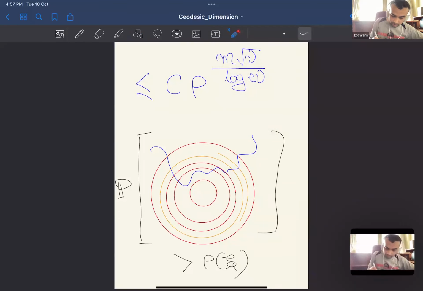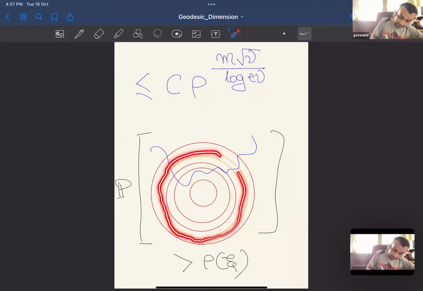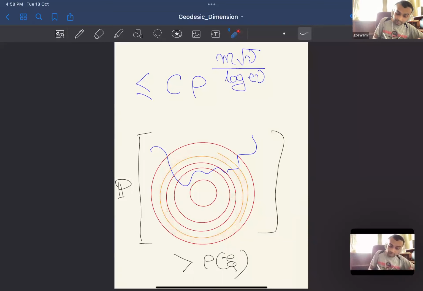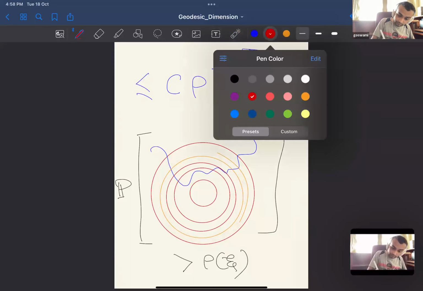Now, if it so happens that the distance across this inside annulus in the LQG distance is more than the distance around this orange annulus in the LQG distance, then of course it makes much more sense that for any path, since geodesics minimize the length, it doesn't make sense for the geodesic to come all the way to here.